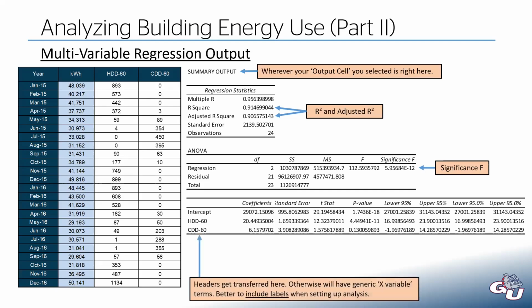Down here, the headers get transferred. Because I labeled these variables heating degree day 60 and cooling degree day 60, it will transfer those headers to here.